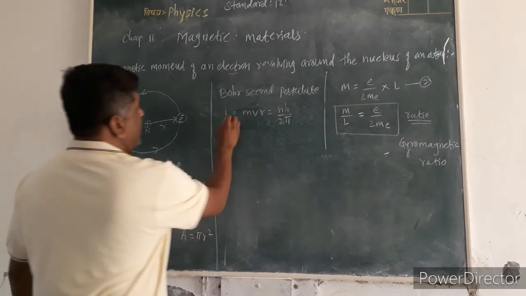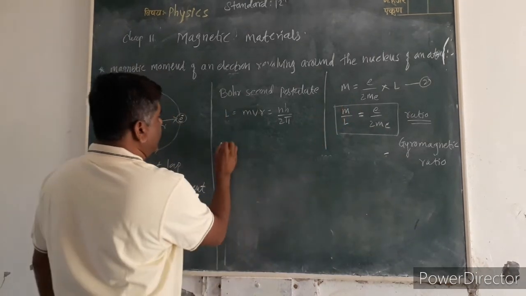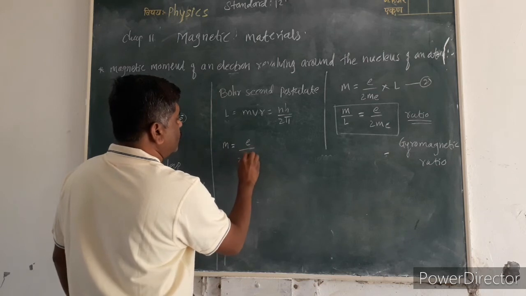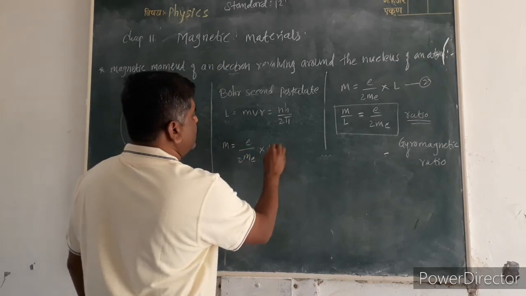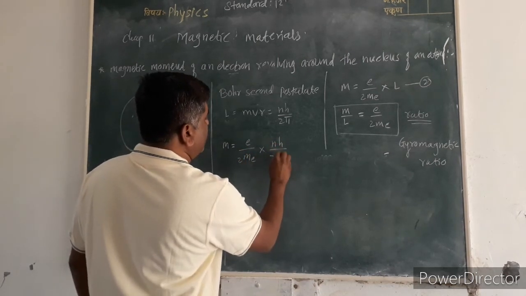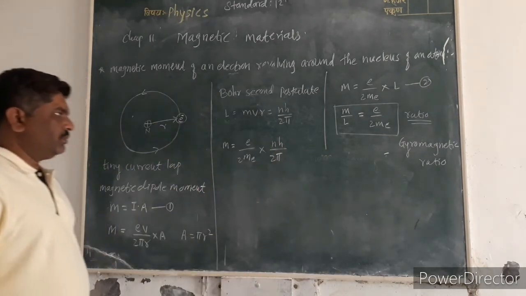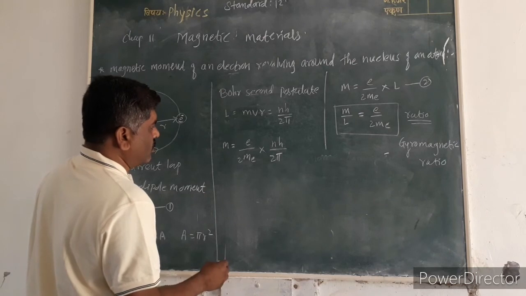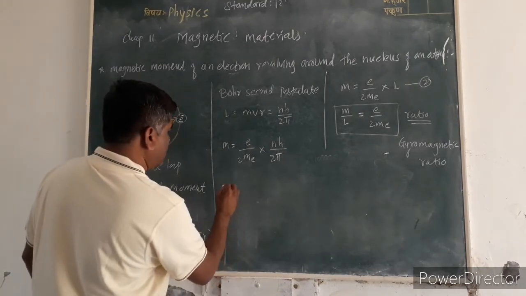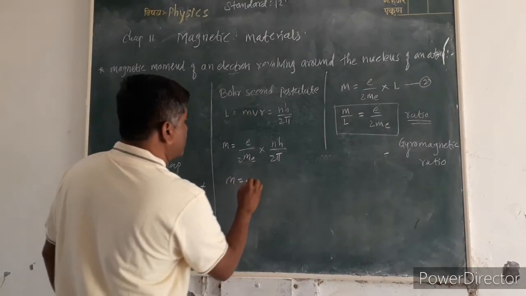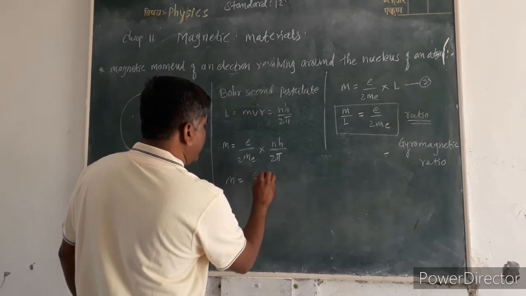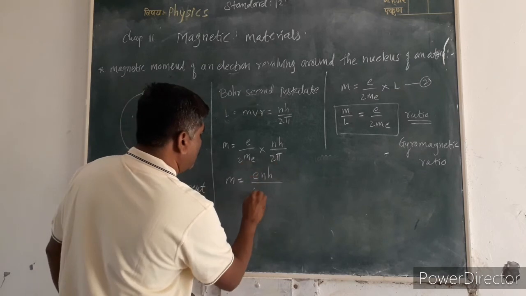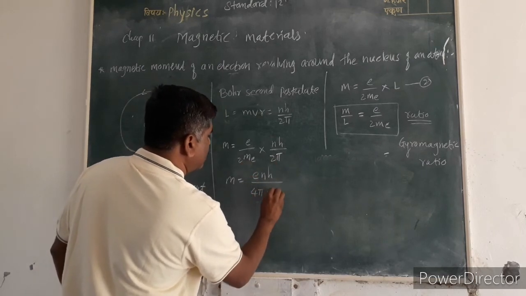Put this value of L in equation 2, we get M is equal to e upon 2 m_e into nh upon 2 pi, or we get M is equal to enh divided by 4 pi m.